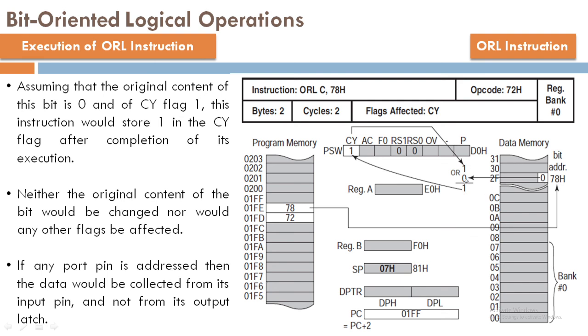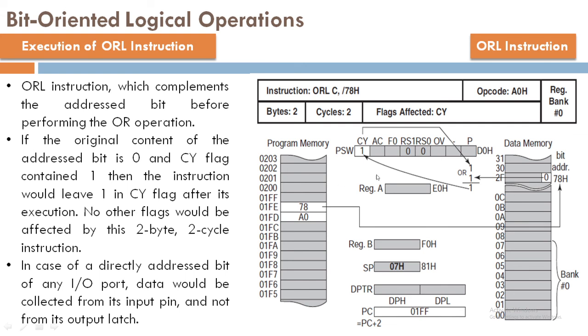So while ORing, the result is 1 and it will be saved in the carry flag location itself. In the other case, the previous content was 1 and the content at 78 is 0, but it will be treated as the complemented part, so it will be complemented to 1. So 1 and 1, again 1 will be stored in the carry flag location.